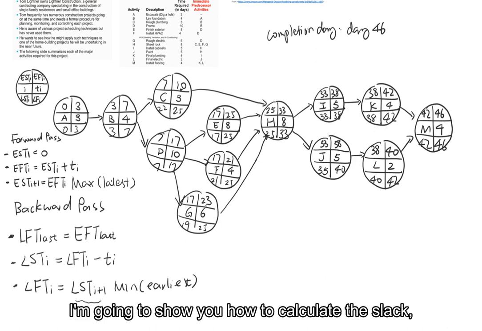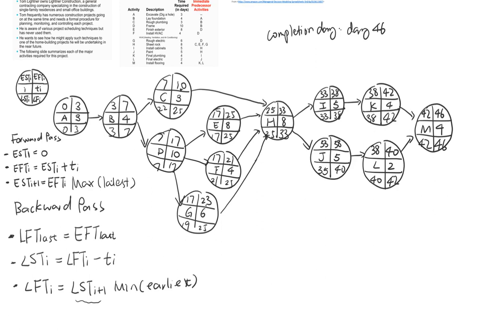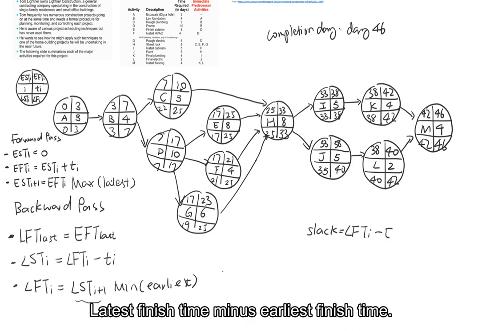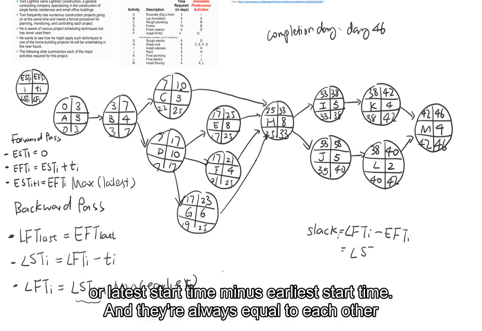Next, I'm going to show you how to calculate the slack. A slack is equal to the latest finish time minus the earliest finish time, or it equals the latest start time minus the earliest start time, and they are always equal to each other.